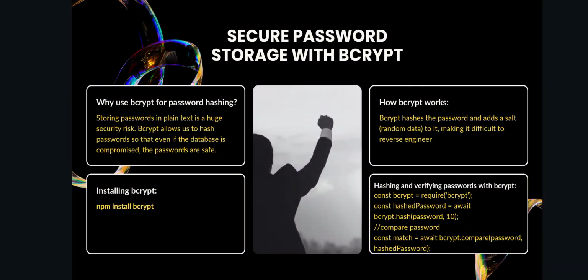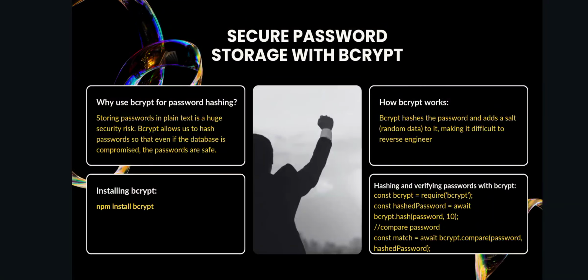The most important topic for us is how to secure our passwords, and here we will use the Bcrypt library of Node.js. First we need to know why to use Bcrypt for password hashing.